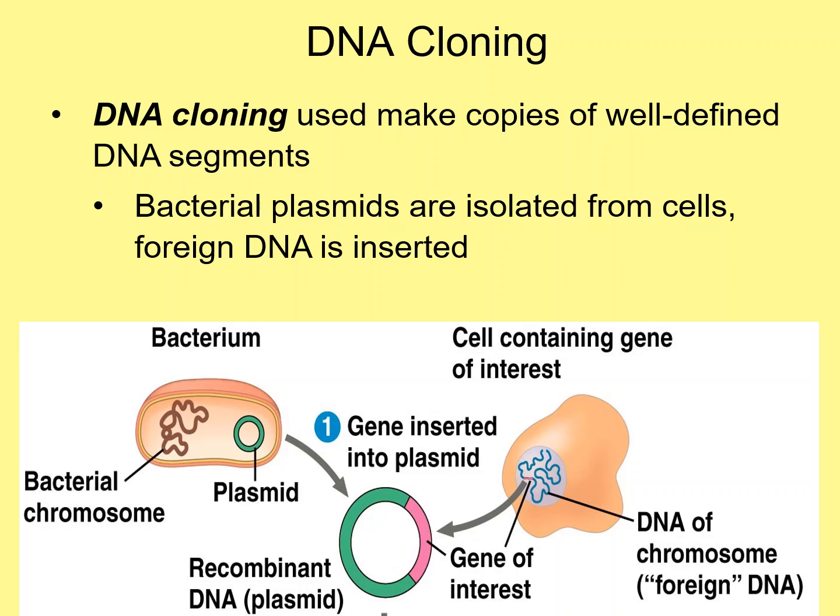Additionally, if you decide you want to make the protein product, once you've isolated the DNA and all the copies, you can ask the bacteria to make that protein product, and you can isolate it and then extract it from there. That's actually how we get human insulin, for example, coming from your pharmacy.